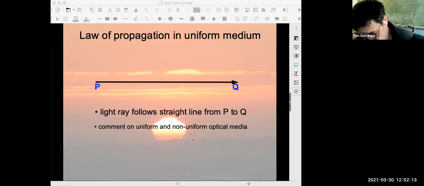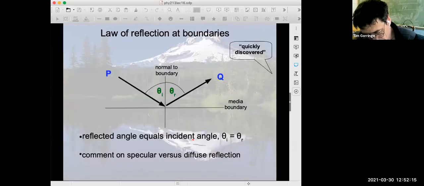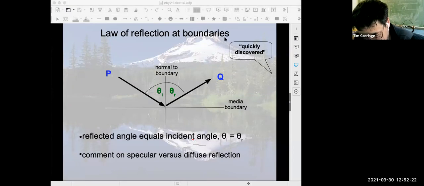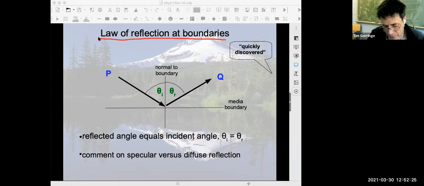Okay, law of reflection. Here you see in this slide a nice example of reflection of the mountain in the distance reflected in the lake in the foreground. We see an image of the mountain in the lake from reflection.